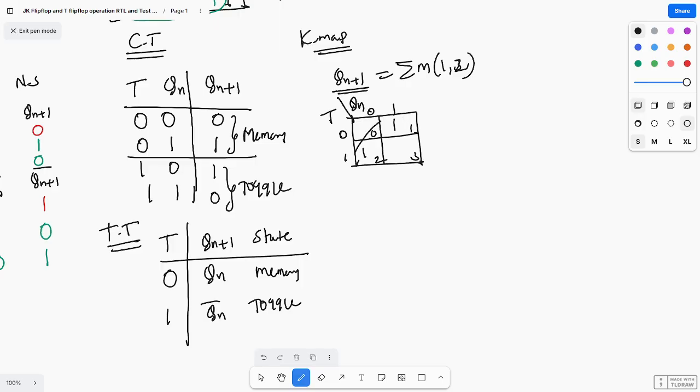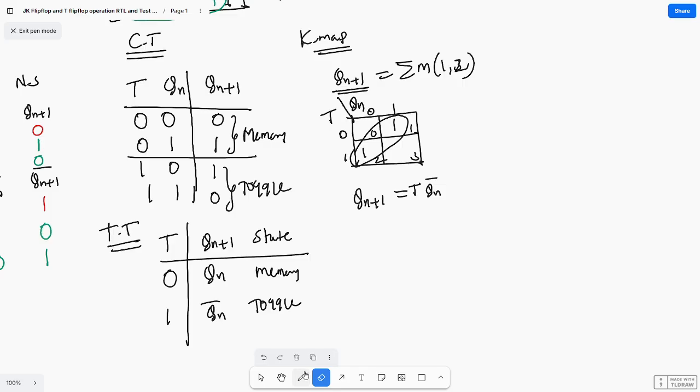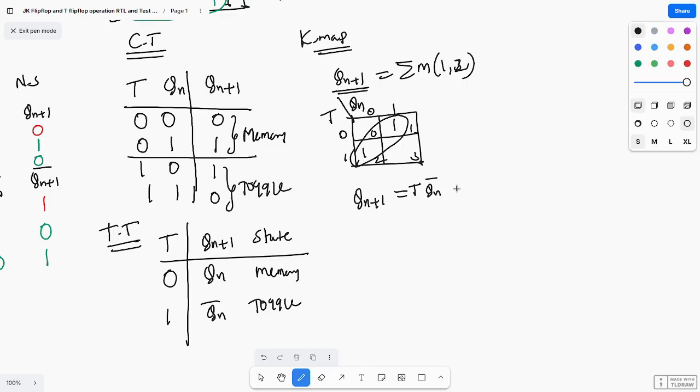Here you are getting them diagonally, so this is an XOR gate. So Qn plus 1 equals T bar Qn plus T Qn bar. So Qn plus 1 equals T XOR Qn.